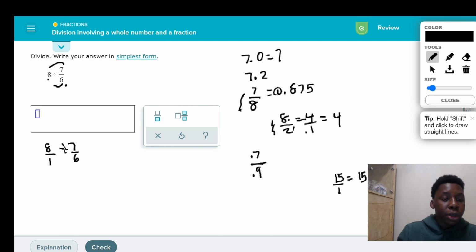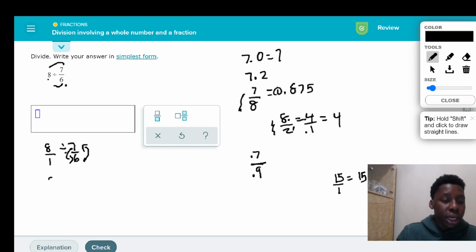In this case, the number behind the division sign was 7 over 6, right? So we have to find the reciprocal. To do that, whatever's at the bottom, we put at the top, and whatever's at the top, we put at the bottom. That's basically what reciprocal means. And when we do that, we can then change the division sign to multiplication.